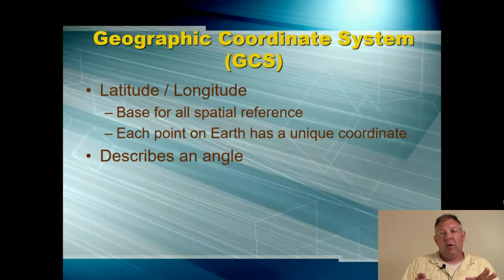And you've seen these coordinates before. I don't know if you've ever thought about exactly why we report them the way we report them. Whenever you get coordinates in the GCS, it's always so many degrees, so many minutes, so many seconds. And you think about it, well, why is it a degree? Well, it's because those coordinates describe an angle, right?